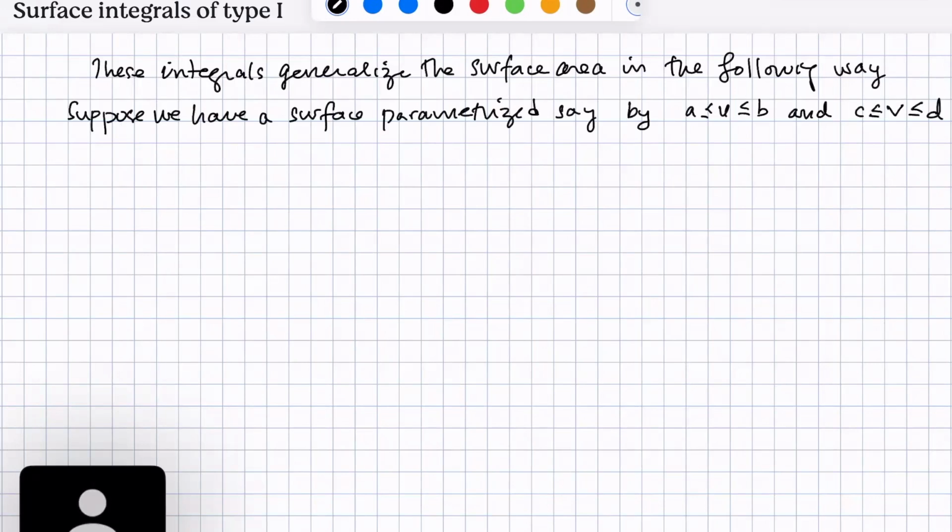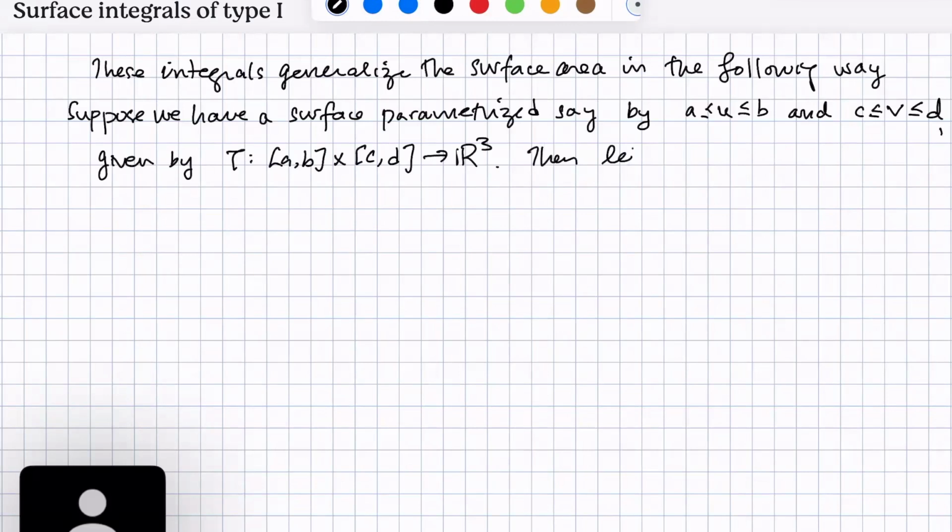Now, in general, the bounds for u and v do not have to make a rectangle, but this will be easier for now. Given by the formula, some parametrization T from this rectangle to R3.